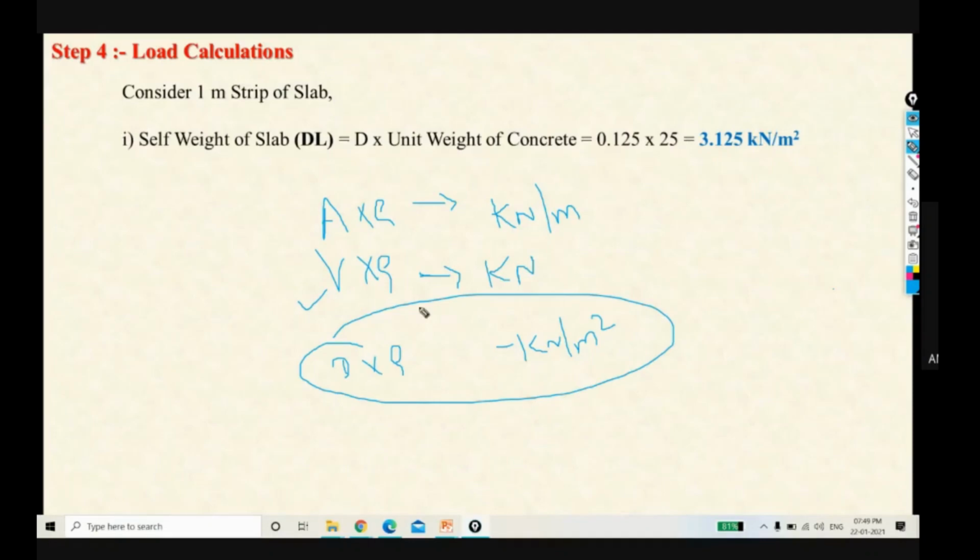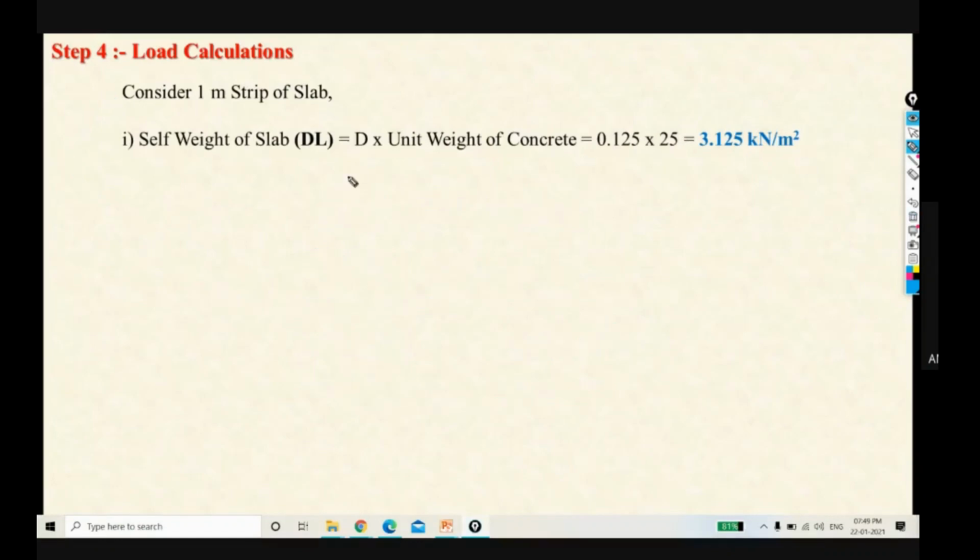Later on we will convert that kilonewton per meter square to kilonewton per meter by considering 1 meter strip. So initially we consider only one dimension, that is depth, so d into unit weight of concrete.